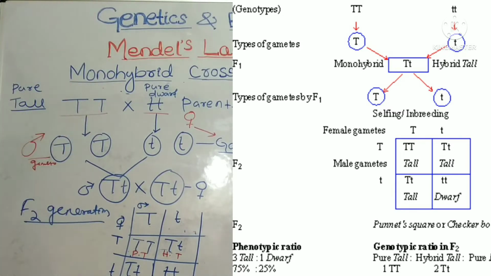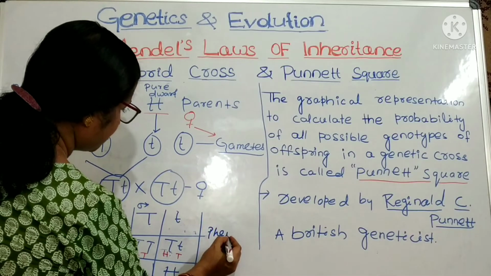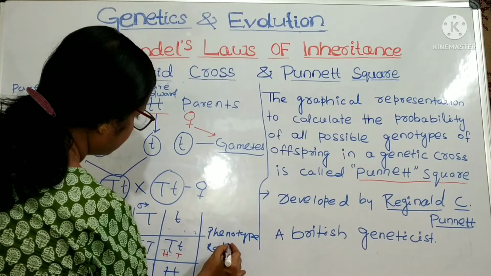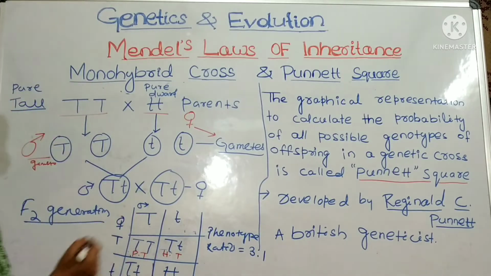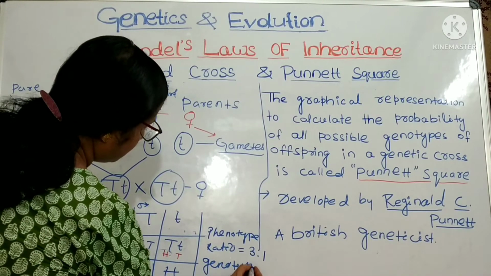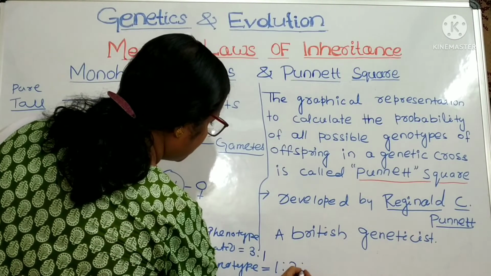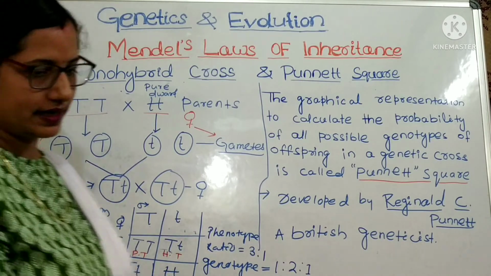So the phenotypic ratio will be 3:1 because three plants are tall, and the genotypic ratio will be 1:2:1 of the monohybrid cross. So this is the Punnett square.